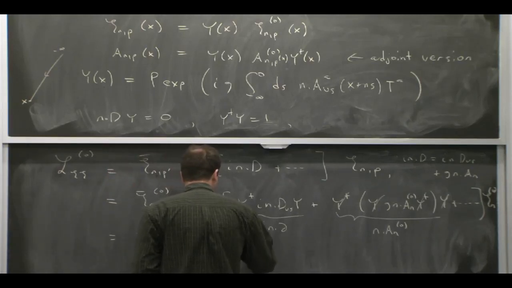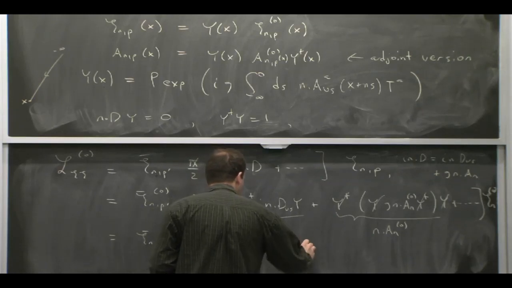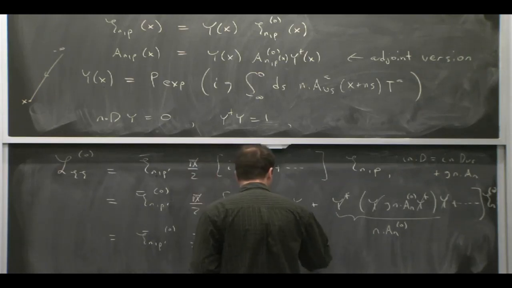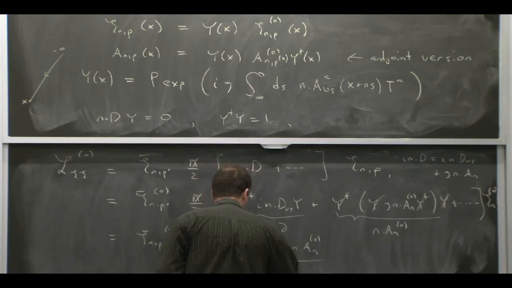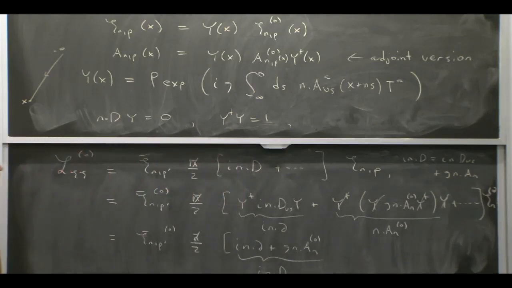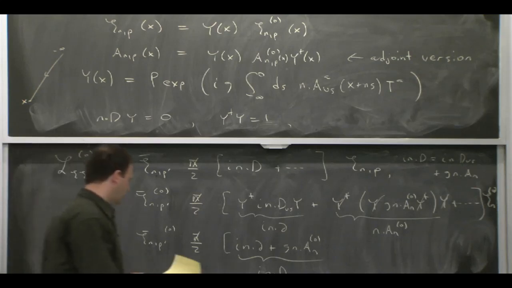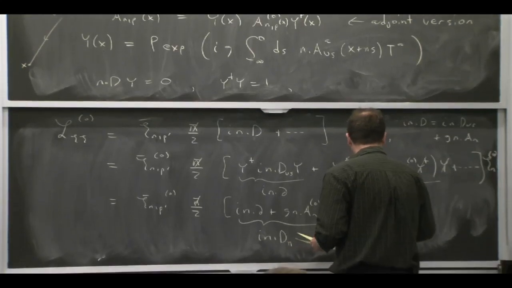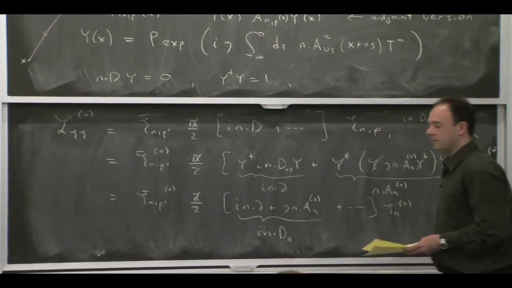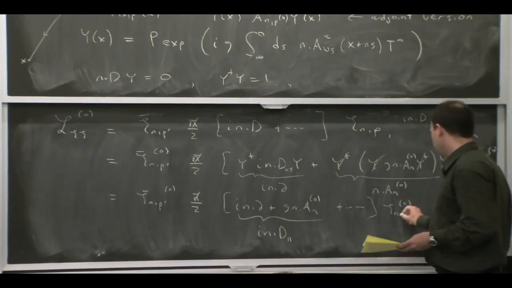So what I'm getting here is something that I might call an n·D_n. It's a covariant derivative that only involves the A_n^(0) field. And there's actually no ultrasoft fields at all left in the Lagrangian after I make this field redefinition.